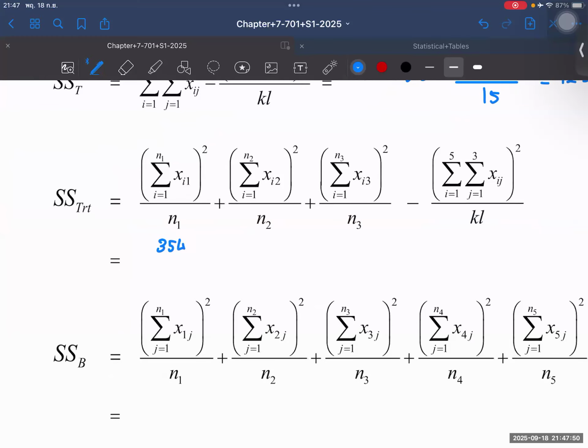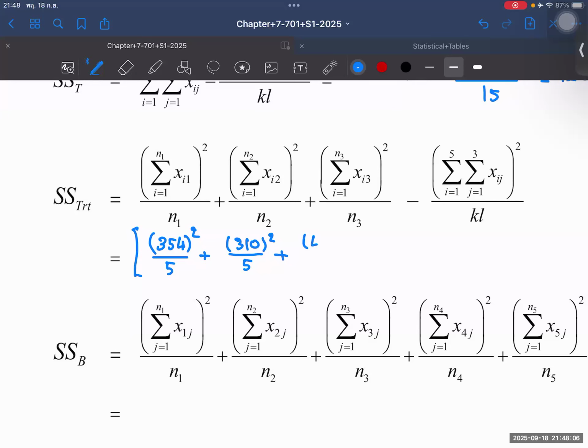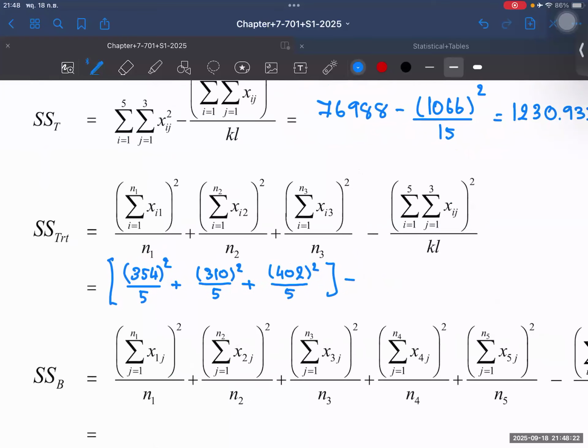We have 354 to the power 2 divided by 5 plus 310 to the power 2 divided by 5 plus 402 to the power 2 divided by 5 minus 1066 to the power 2 divided by 15, so it is equal to 46.933.